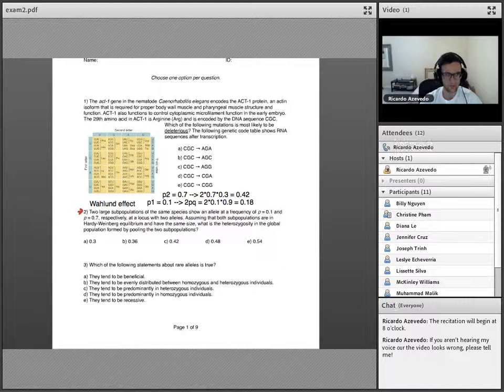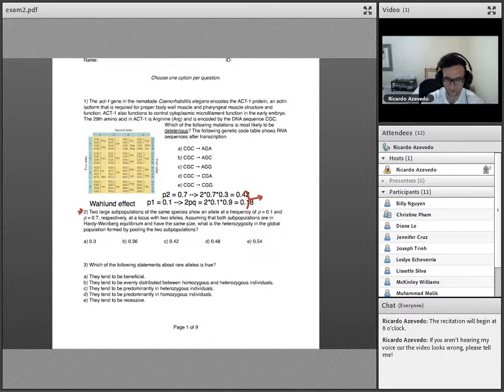So now the question is, what should we do with these two values? We have two heterozygosities. What we're going to do is calculate the average, so we're pooling the two subpopulations.